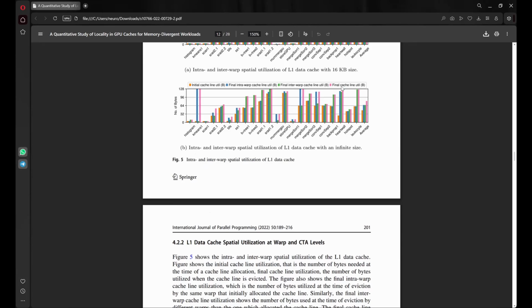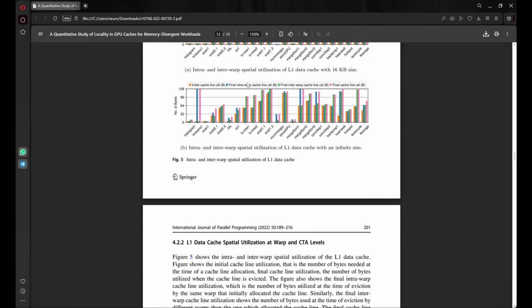And then final cache line, which is pink, is just upon eviction, how many bytes of that cache line have been used before it gets evicted. But then we have 2 new values here. Final intra-warp cache line utilization, which essentially refers to how much utilization of this cache line you are seeing at eviction from threads within the same warp.